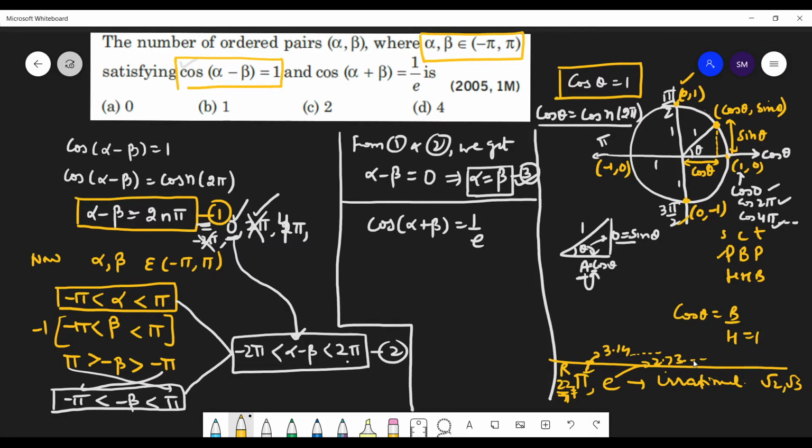So it means this 1 by e will be lesser than 1 or not? Tell me. Obviously e is 2.73, so 1 upon 2.73, you divide, and 1 by e will definitely be less than 1. And this 1 by e is greater than 0 also.